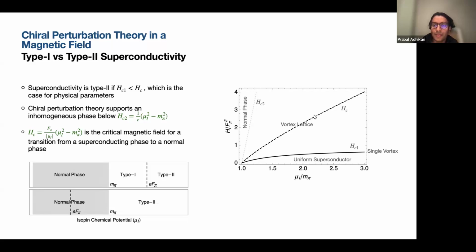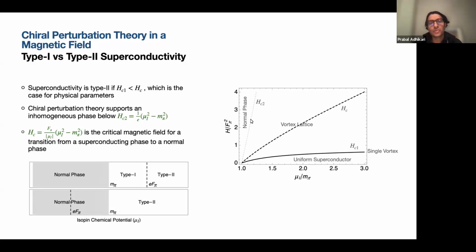And then this you can ignore for the moment because this actually doesn't exist if you use realistic parameters. This is not the phase transition that occurs in QCD. And then there's HC2, which is where the magnetic vortex lattice gets destroyed and turns into a normal phase. Okay.